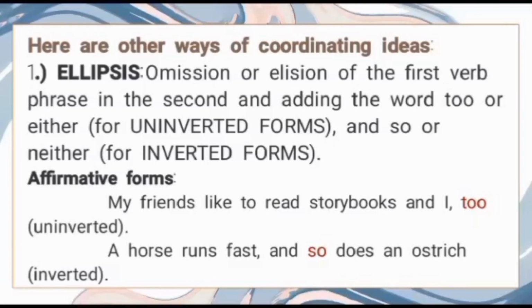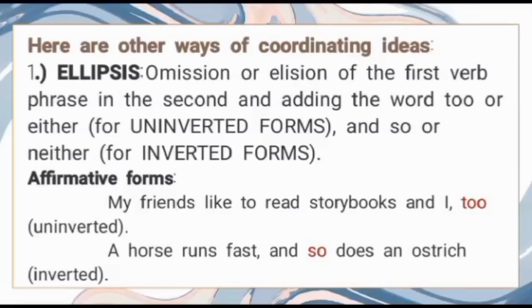So, another tip so you can identify whether it is uninverted or inverted. In the uninverted, as you can see, the conjunction is at the end. Right? Then, in the inverted, the conjunction is in the middle. The "so" is in the middle.